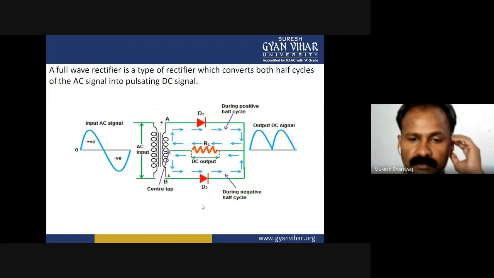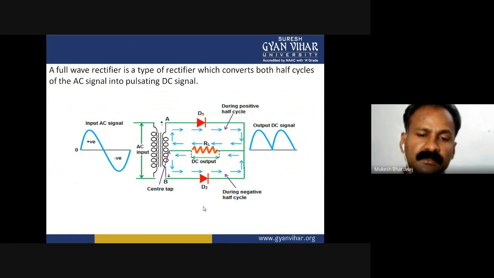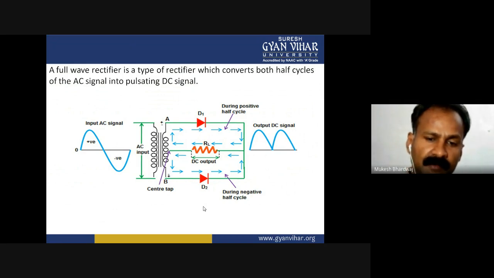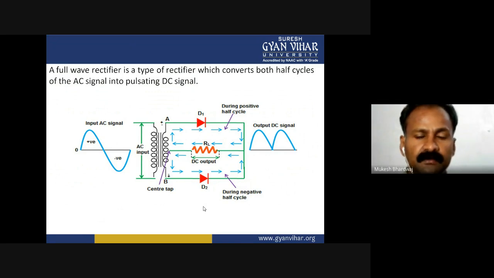This is the diagrammatic presentation of a full wave rectifier, or center tap full wave rectifier, because the full wave rectifier is again of two types. One is the center tap and the second one is the bridge rectifier. So this is the center tap rectifier.